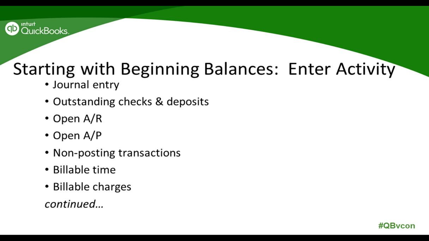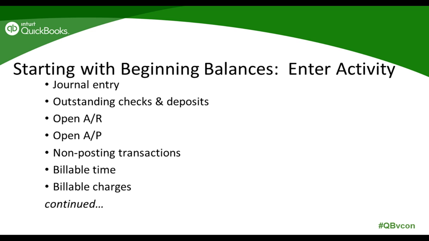I'm still on step one, journal entry. And then you're going to also want to include in that journal entry prior year retained earnings and prior year net income, and post that to the owner's equity or retained earnings account. You do want to exclude accounts receivable and accounts payable and inventory, things like that, because these are going to be entered in a later step.